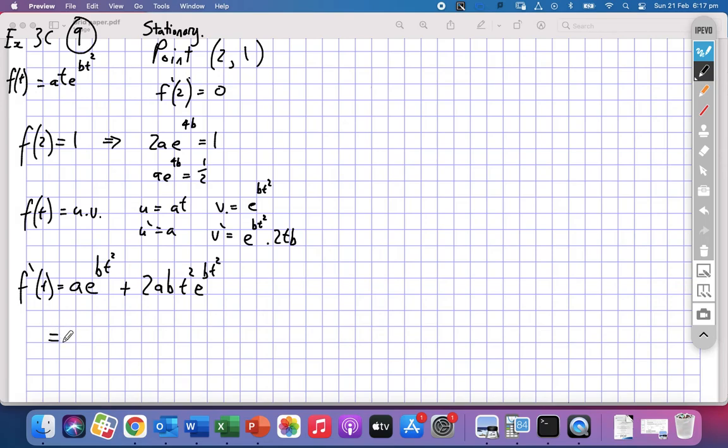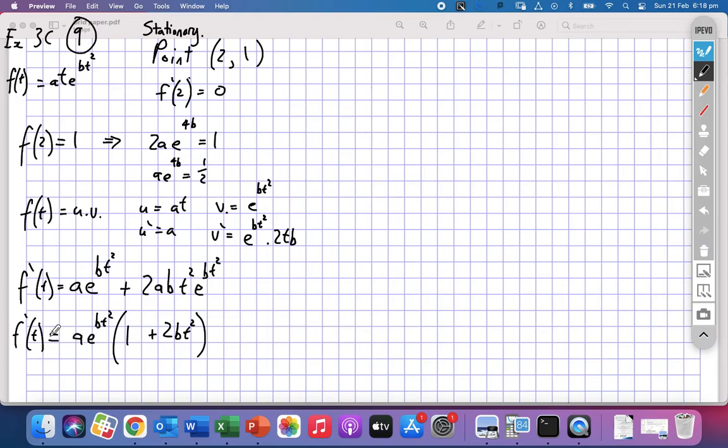So this could be factorized. Let's do that. So what are we pulling out here? The a and the e. We're left with 1 plus 2b t squared. Right. There's our derivative.